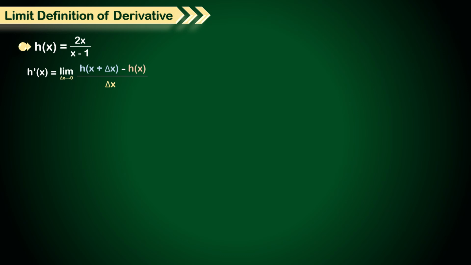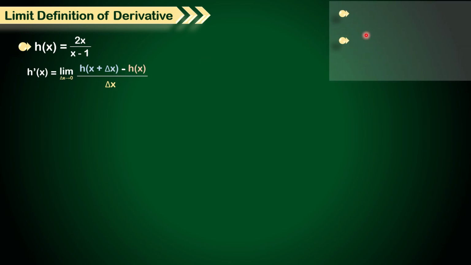Find h(x + Δx) and h(x). Continue. h(x) is 2x over x - 1. h(x + Δx) is 2 multiplied by (x + Δx) over x + Δx - 1.